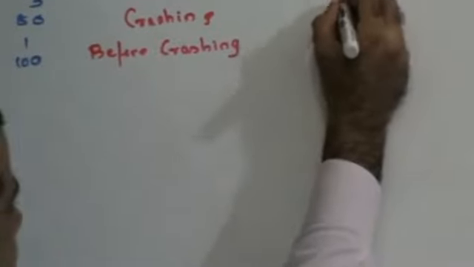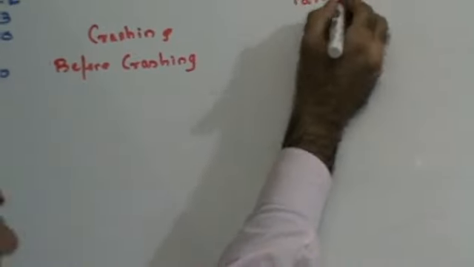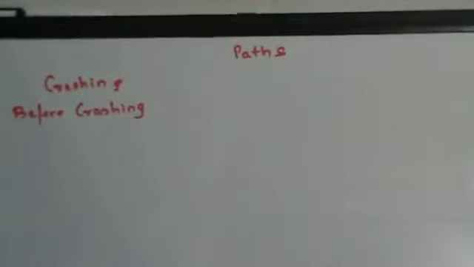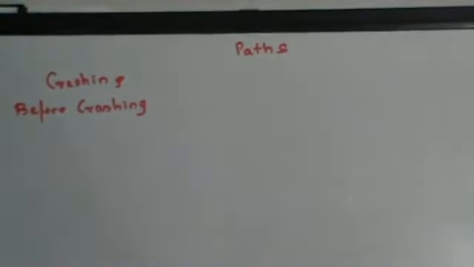Crashing table, before crashing. Now what are the various paths that I had? The various paths that I had were 1 to 2, 1 to 5, 1 to 2, 4, 5 and 1, 3, 4, 5.